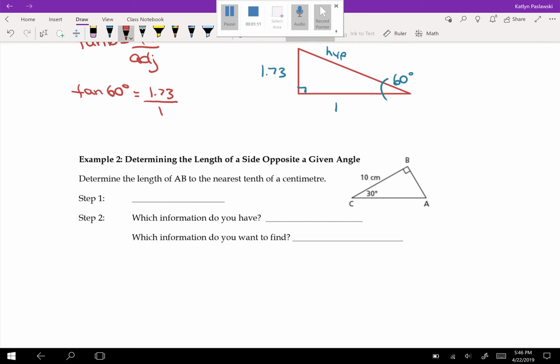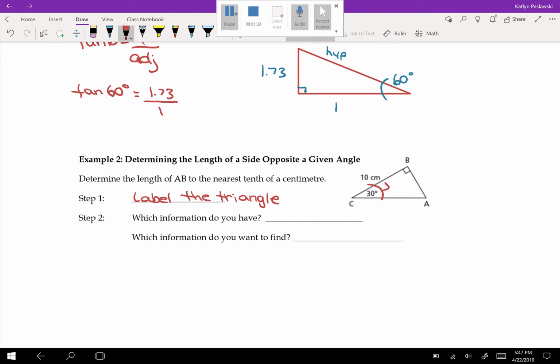Now, when we're going to determine the lengths, it's asking us to determine the length of AB to the nearest tenth of a centimeter. So our first step is to label the triangle. So we're going to look at what do we have. If this is our triangle, we're looking from 30 degrees.